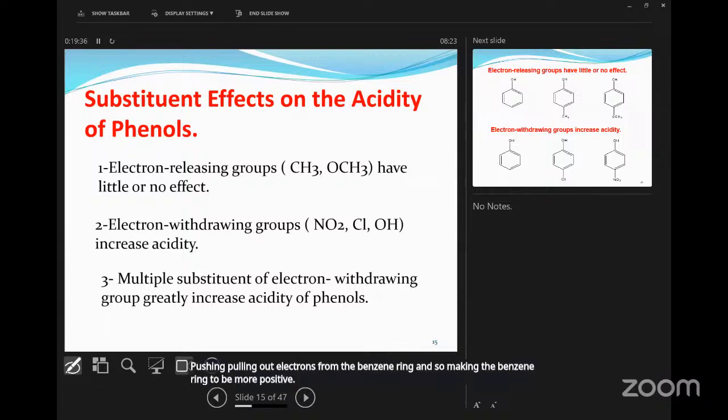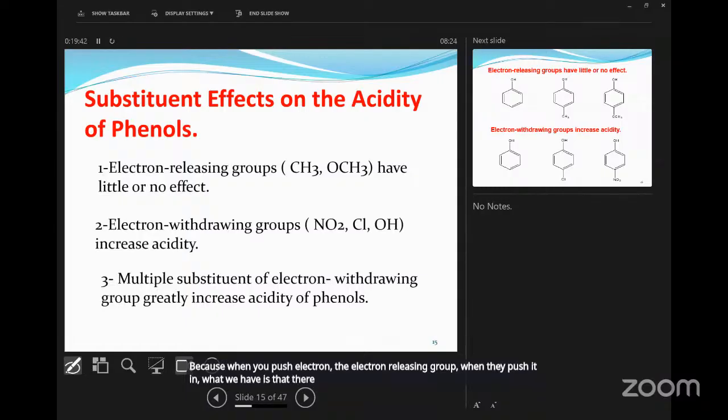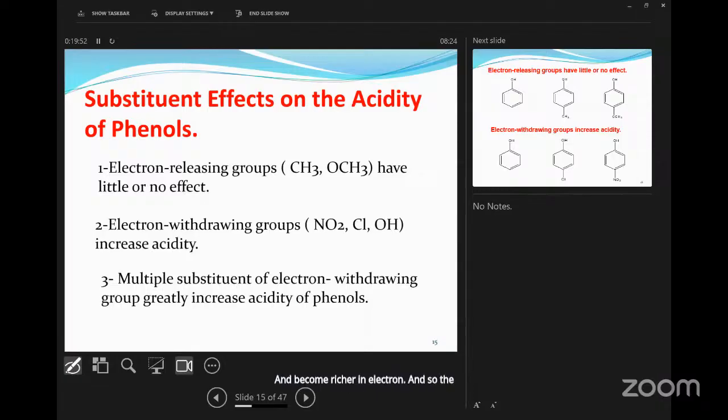Because when you push electrons in, like the electron releasing group, there is more electron density available in the benzene ring, and the benzene ring becomes richer in electrons, and so the negative charge is more stabilized.